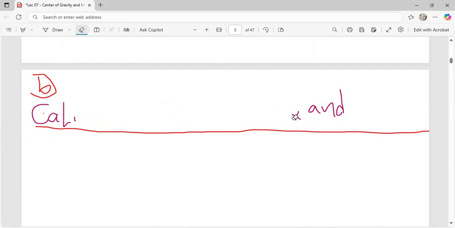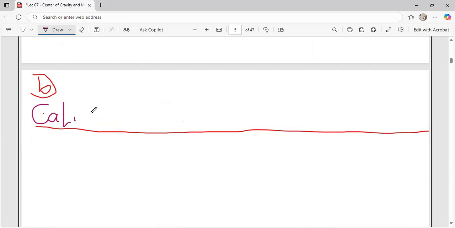We are rather calculating for the second moment of area. So calculation of second moment of area.